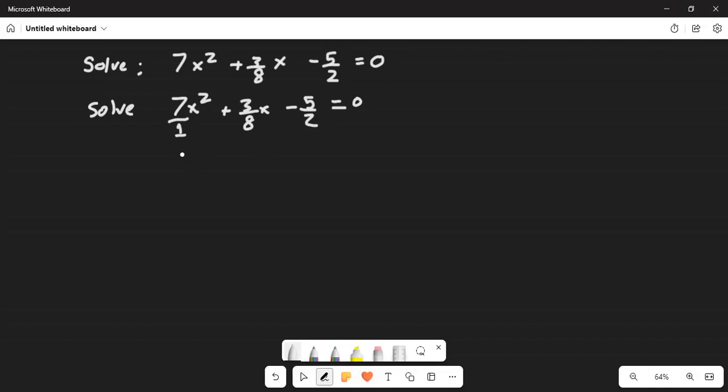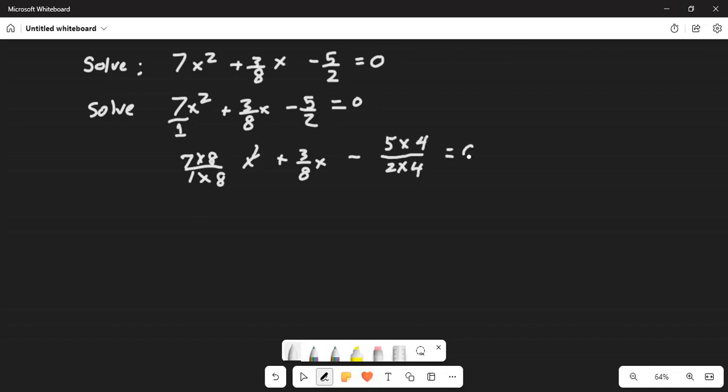When we do that, in the first term, we multiply the numerator and denominator by 8. 1 times 8, x squared. The next term is already 8 in the denominator, plus 3/8x. Minus 5 over 2: I have to multiply the denominator by 4 to make it 8. 2 times 4 is 8, and therefore I multiply the numerator also by 4.